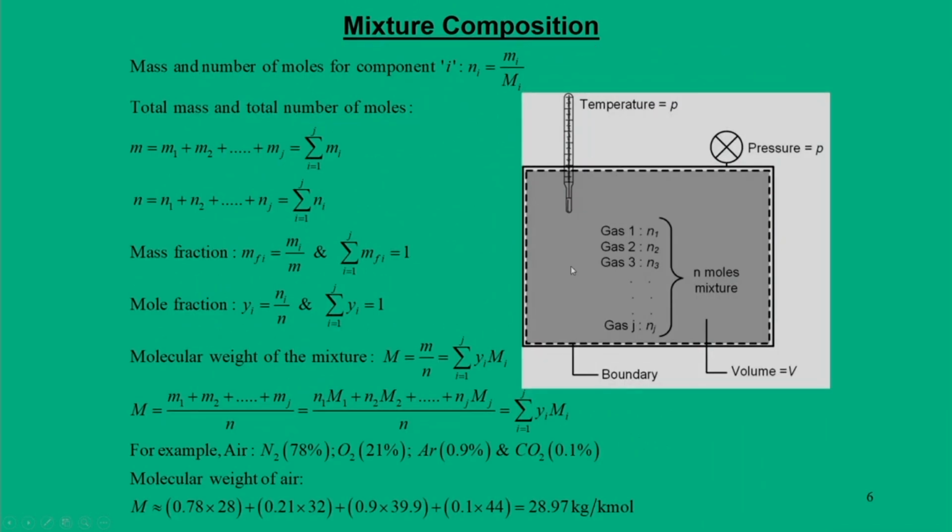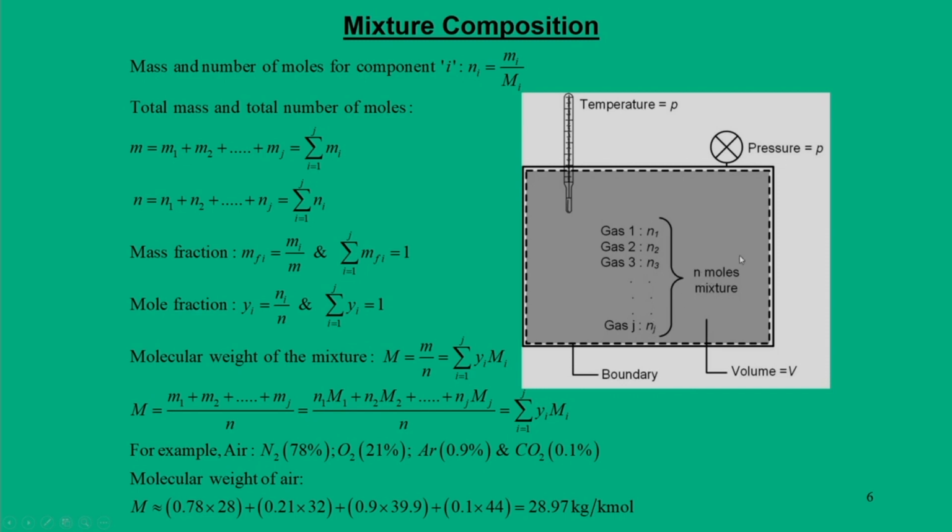So, whatever I have discussed so far is represented in mathematical form in the slides. It says that we have a mixture containing a number of gases 1, 2, 3 and j. Each gas will have a number of moles N1, N2, N3 and Nj.